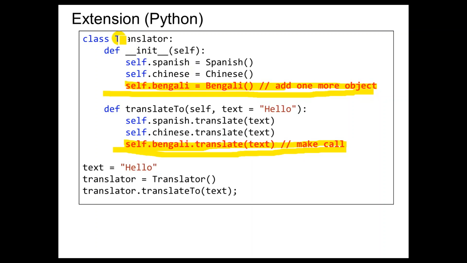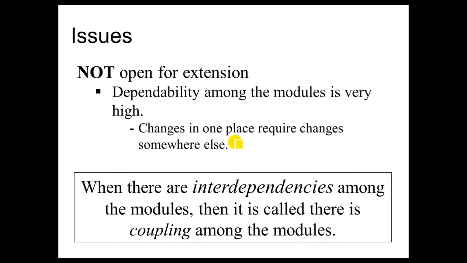Like the translator class. One modification is here and another modification is here, right? So what can I say again? Changes in one place require changes somewhere else, right?